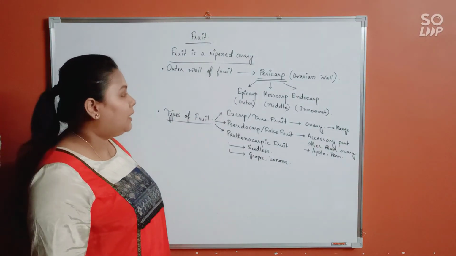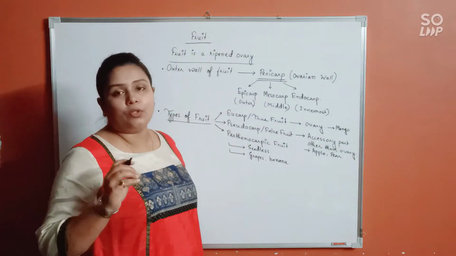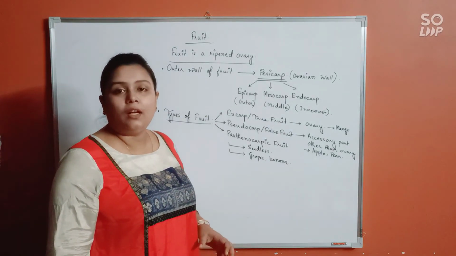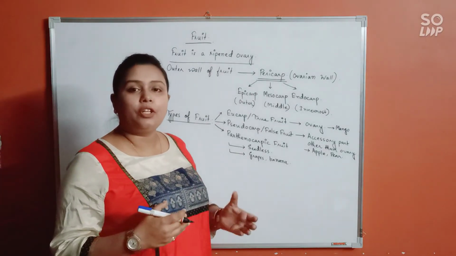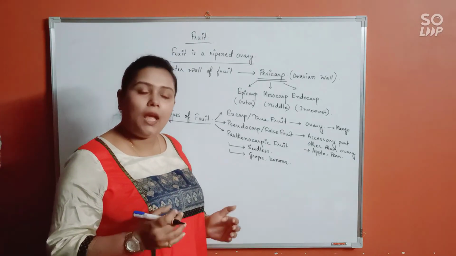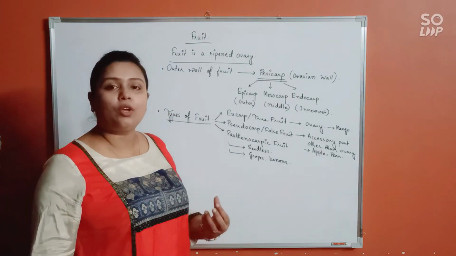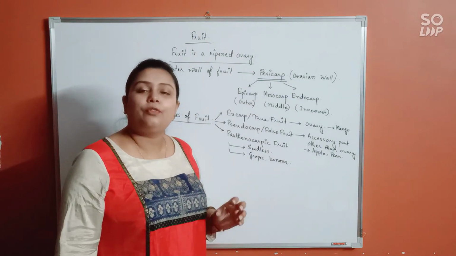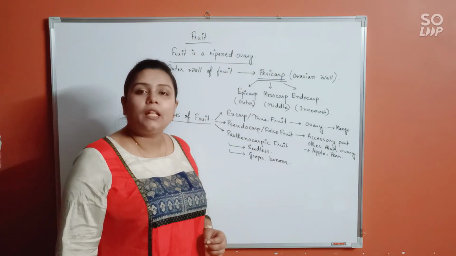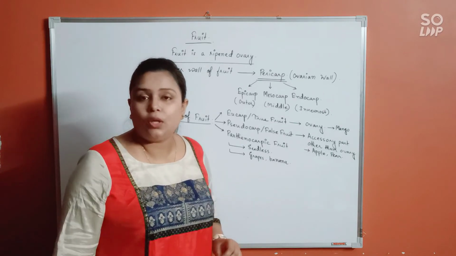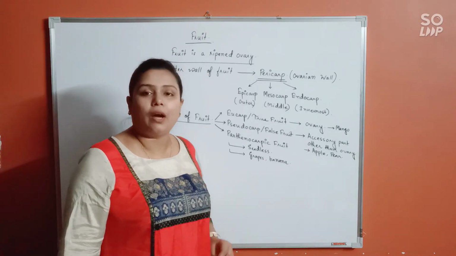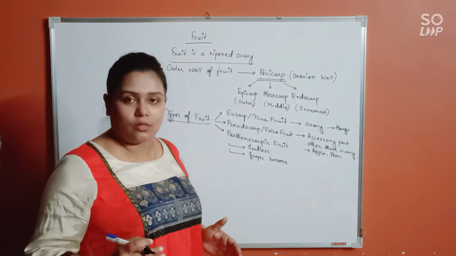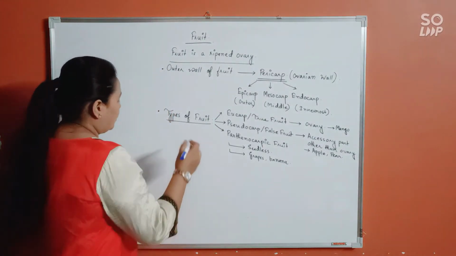Right? Now, a very, very important point for you to learn here is that, see, whenever a flower is getting converted into a fruit after fertilization, of course, I'm talking about the normal process, usually whenever a fruit is getting developed, there will be certain kinds of stimulus or trigger that it will require. Okay, so these triggers come in three stages.